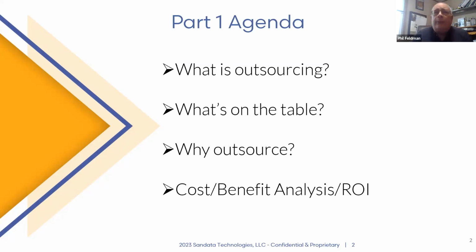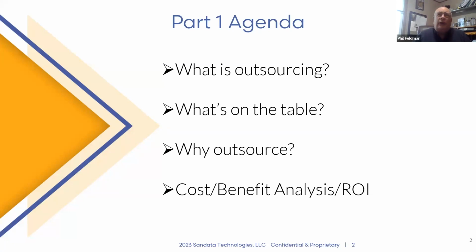So just to recap, let's go back to part 1. If you either missed it or if you remember it, basically we talked about what is outsourcing, what does it consist of, what components are there of the revenue cycle, and what are the opportunities to outsource those various components? Why would we want to outsource in the first place? What advantages does it bring?